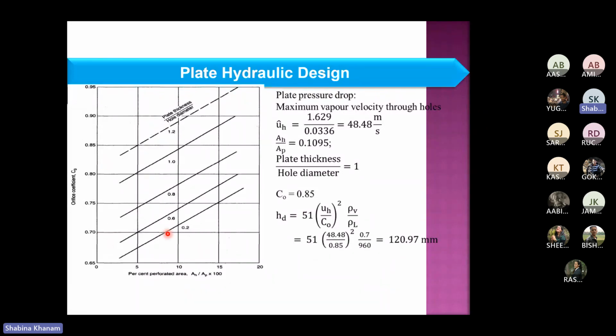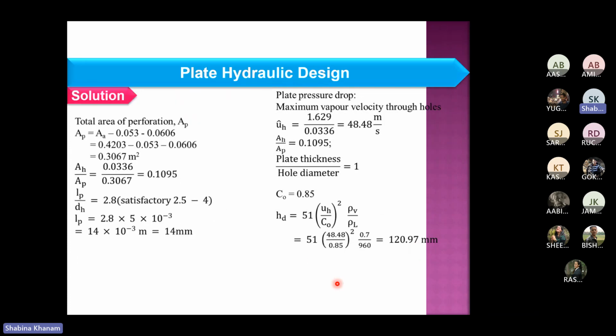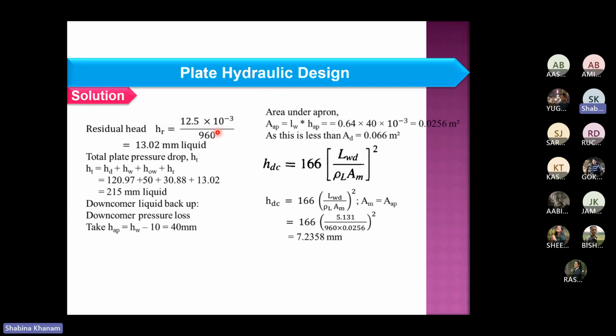AH by AP you have already found, and CO you can find as 0.85, HD you can find as 120.97 mm. This expression we have already discussed, and residual loss we have to find, and then total pressure drop, HT, we have calculated.